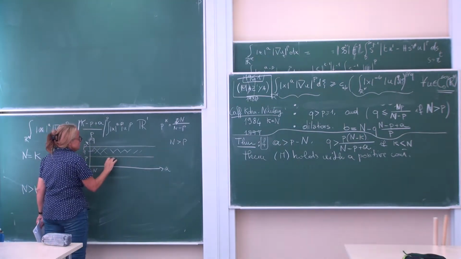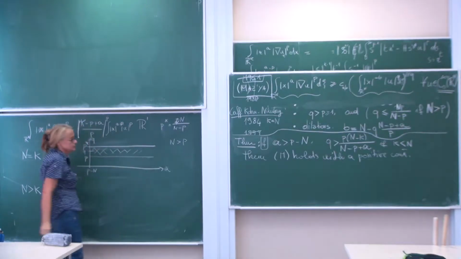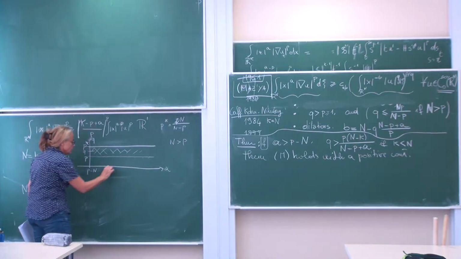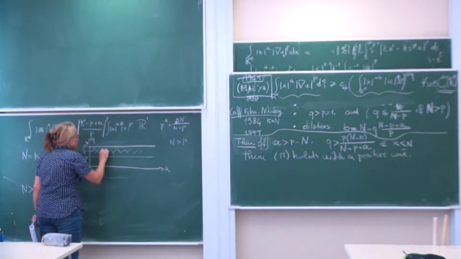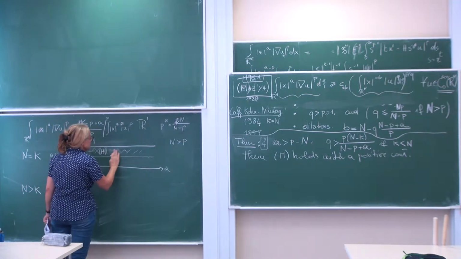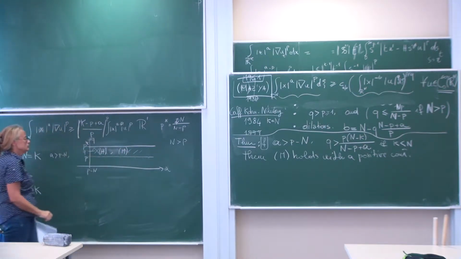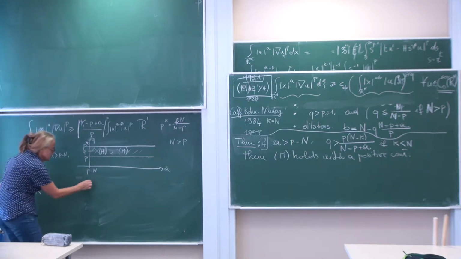This is excluded. The critical Sobolev exponent is included. This is also the range of exponents for which the Hardy inequality holds. That's for the spherical case.